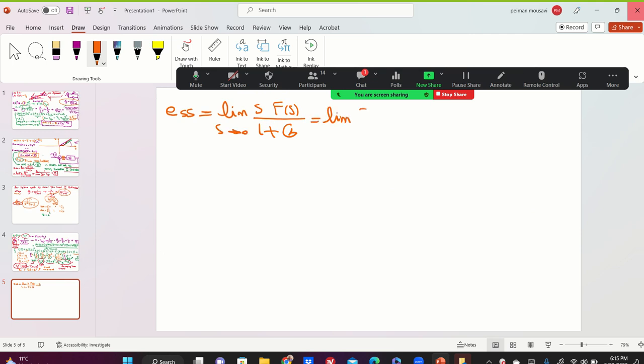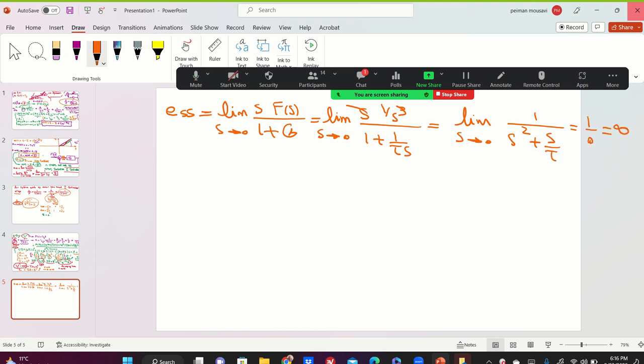For a parabolic input it is 1 over s cubed, over 1 plus 1 over tau s, when s goes to 0. So it's the limit of 1 over s squared plus s over tau when s goes to 0. What is 1 over 0? Infinity. A large number.